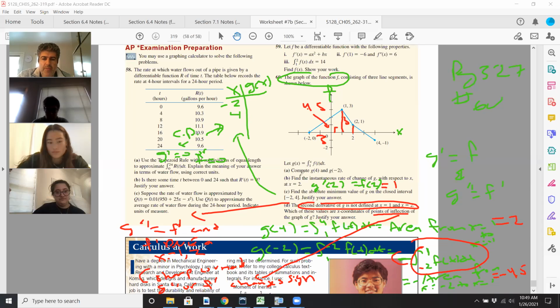Find the absolute minimum value of G on the closed interval. We already did G of -2 earlier, that was -4.5, my bad. That was -4.5. And G of 4, we found that was 2. My critical point is when G prime is 0, so F is 0.